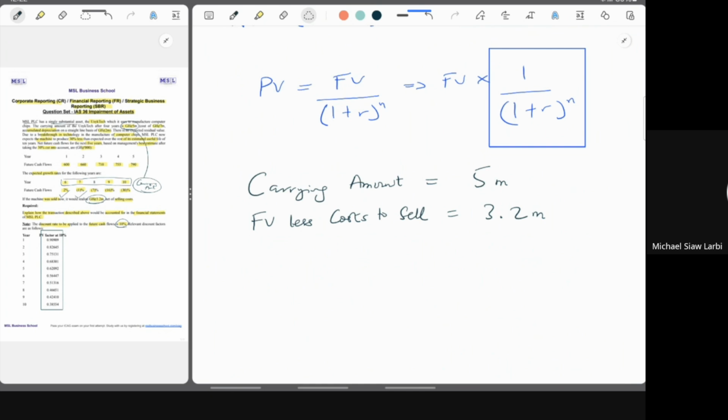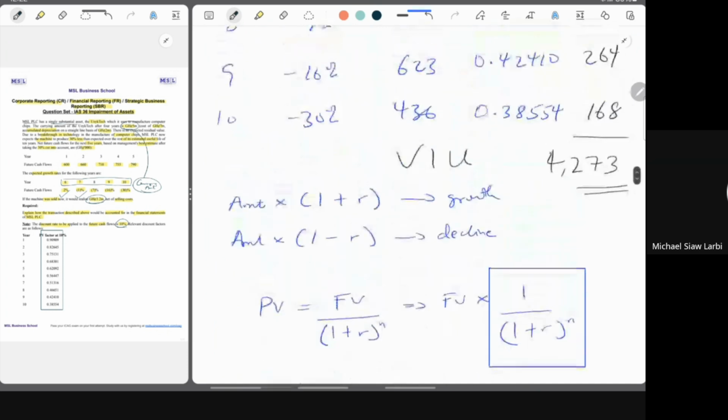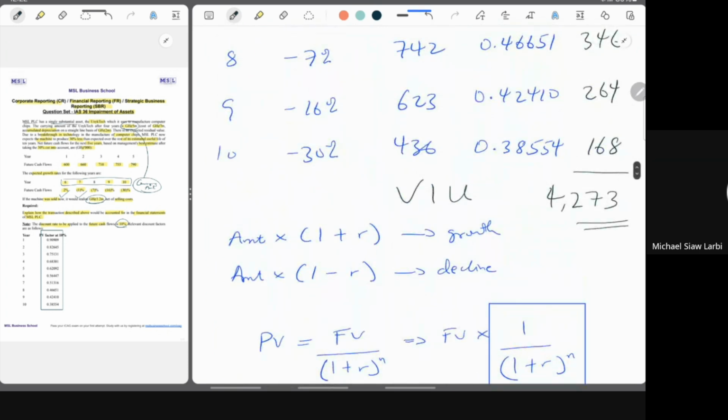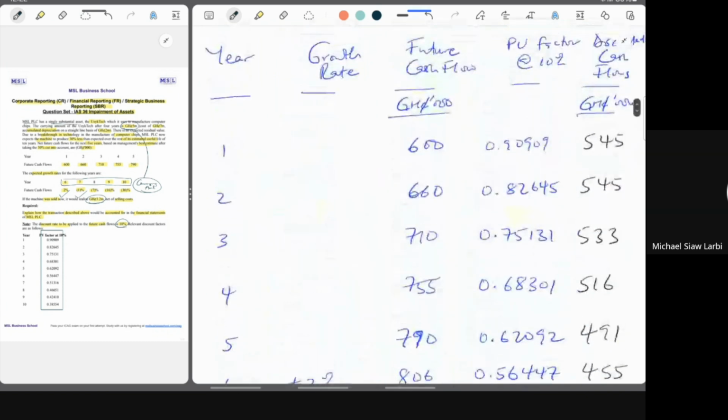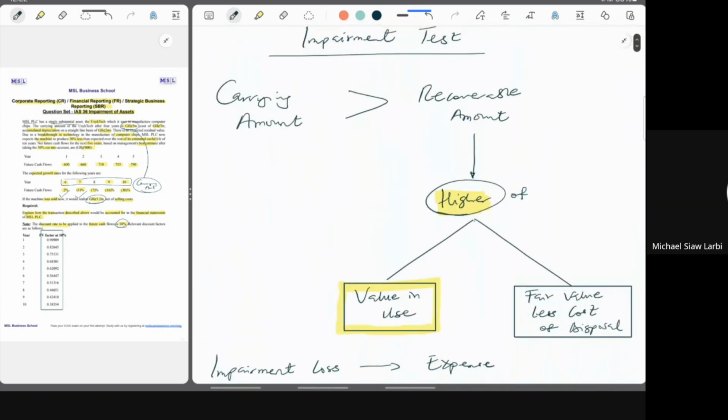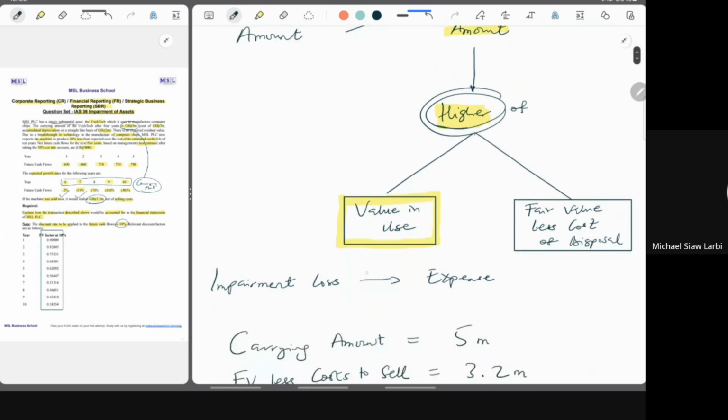determined our value in use. So our value in use as computed, we got 4.273 million. If you recall, we said your carrying amount will be compared to the recoverable amount. And your recoverable amount is the higher of your value in use and your fair value less cost of disposal.